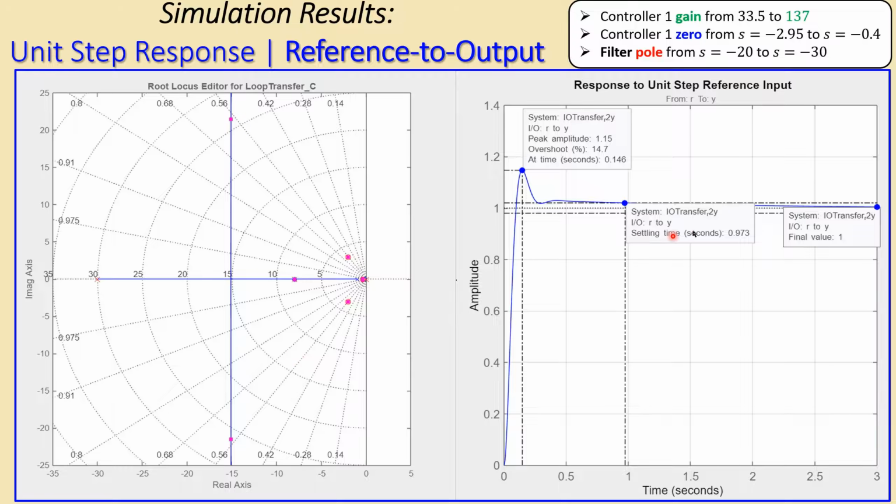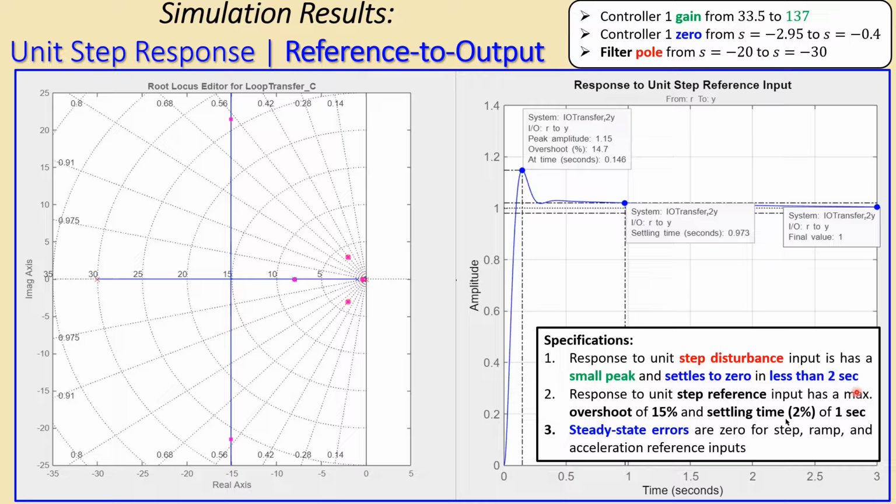You can see now also the step response. You can see why this is doing the job. The specifications are shown here, so you can see the step response. The unit step response for reference gives me 14.7% overshoot, less than 15%. That's fine. And I also have 0.973 for my settling time, less than 1 second, also fine.